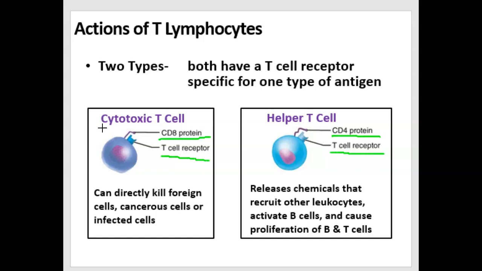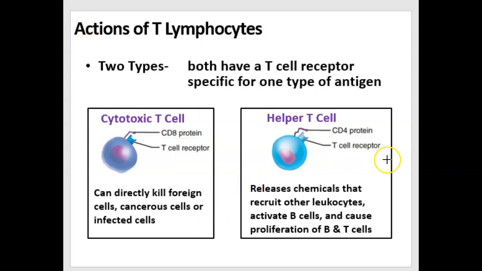And those chemicals will recruit other white blood cells to help fight an infection. And I've already mentioned that it's this helper T cell which is really responsible for increasing the number of lymphocytes that are specific for a particular antigen, and therefore forms the basis for which we can fight off serious infections and achieve memory in our immunity once we've been exposed to a pathogen.